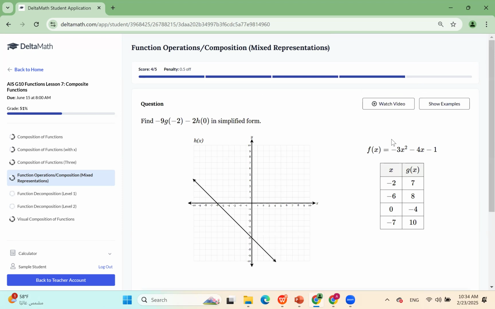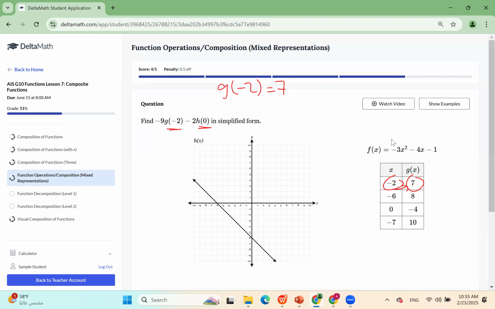This is slightly more advanced. We have -9 g of -2 minus 2h of 0. So the functions of interest here are g of -2 and h of 0. Let's get them first. So g of -2 equals, from the table, this is equal to 7. So g of -2 equals 7.